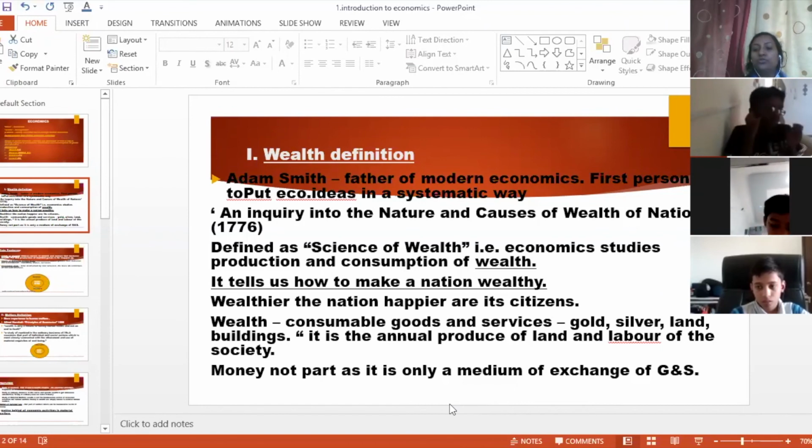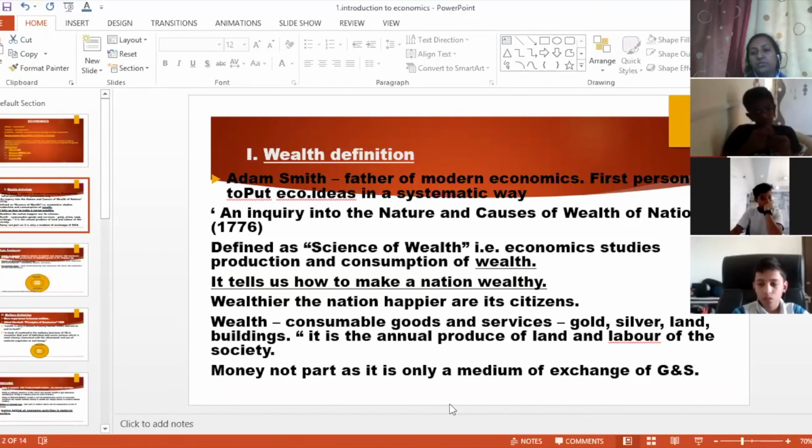Those people who do charitable work or social service are not expecting any monetary benefit out of it. That is not considered services in economics. Whenever you are considering any goods and services as part of economics, you will always see what monetary benefit you are getting out of it.